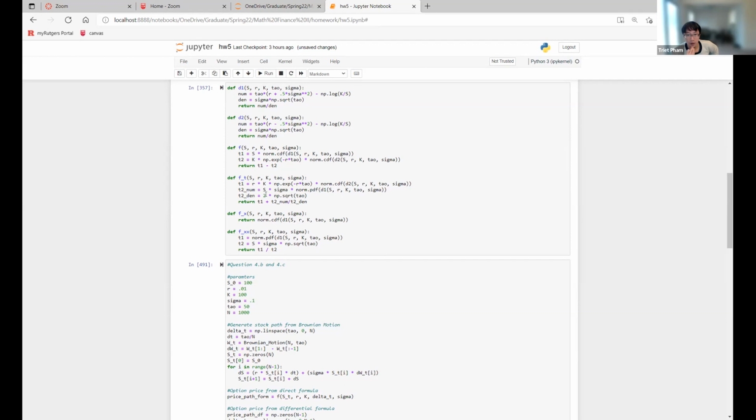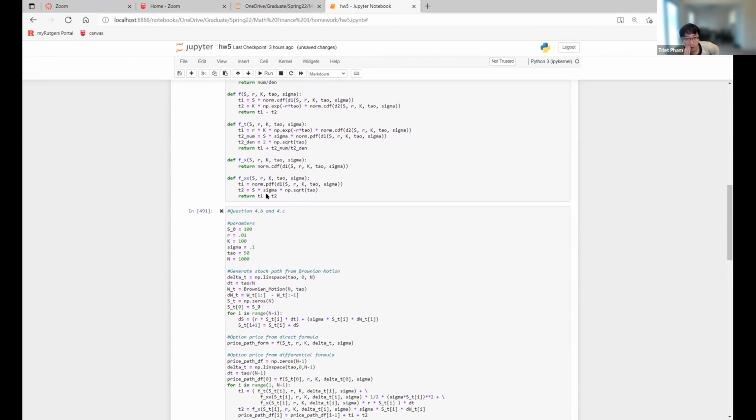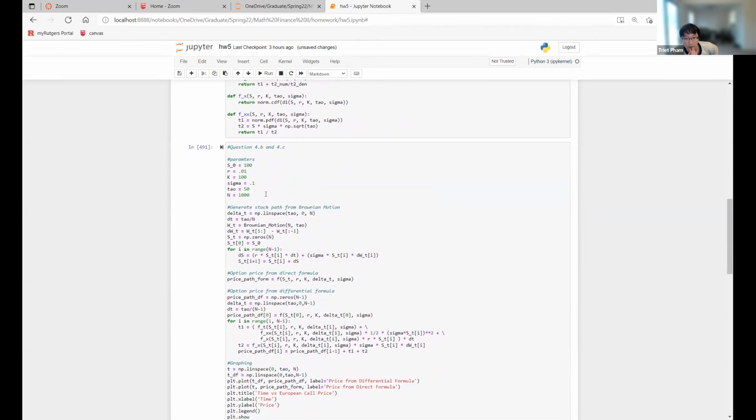Oh, so you already negated it there. Yeah, I did that already. Okay. What about tau? Did you define tau correctly, which is t minus little t? When tau moves, when you do delta t, yes, that's my tau.